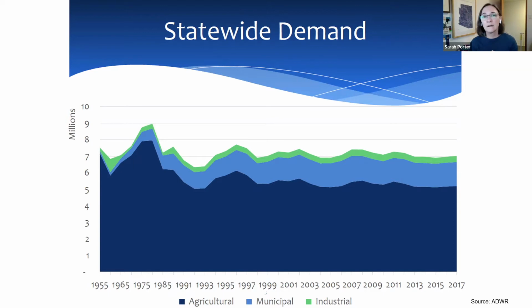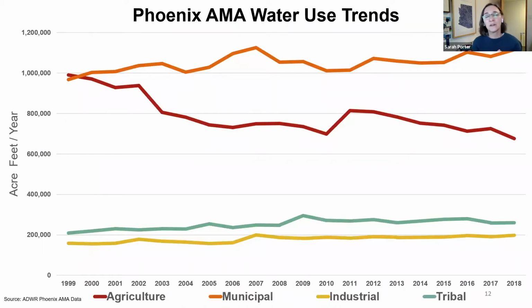You'll also see that agricultural demand really fell from the 70s into the 90s, and then it pretty much stabilized, and it hasn't dramatically declined since then. We have 2 more slides about demand, but the next slide shows you what's gone on in the greater Phoenix area.